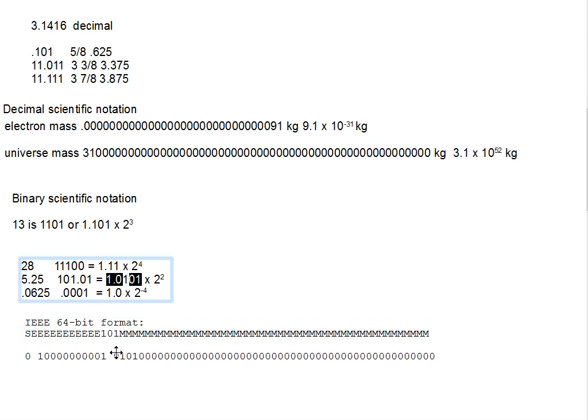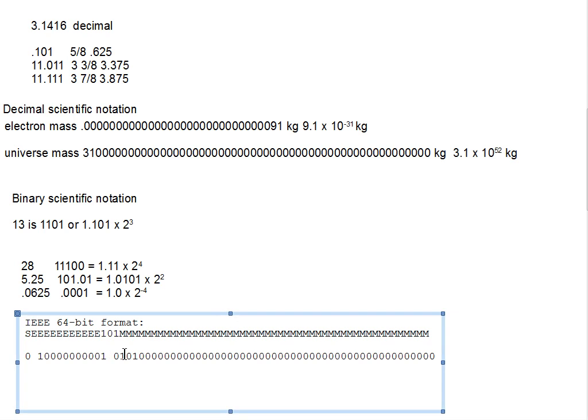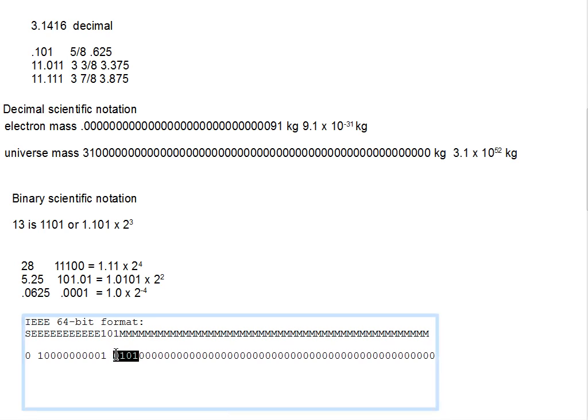And the mantissa has just the fractional part, 0.0101. The 1 to the left of the binary point is simply assumed. And this exponent value here is equivalent to 2, and the sign is a positive.